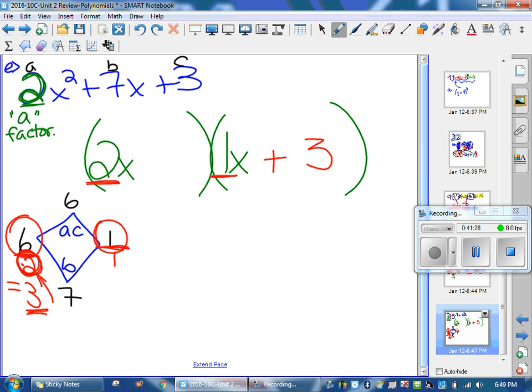There are other complicated situations where you're going to have different factors of A, and you're going to have to take a look at your diamond to see which ones it'll multiply by. For example, if you've got a 12x squared as your front, you're not going to be sure whether you've got 12 and 1 to start your brackets. You don't know if you've got a 6x and a 2x or a 3x and a 4x.